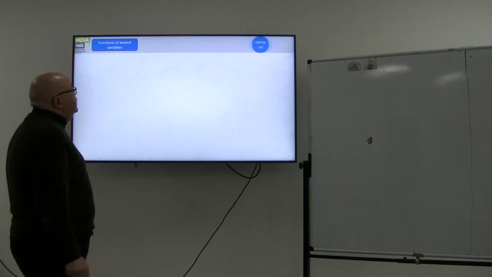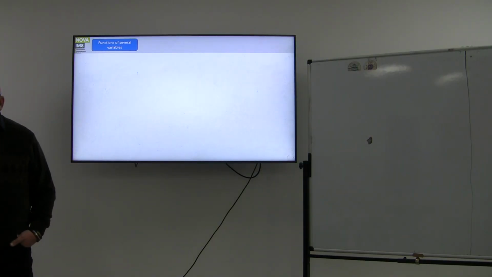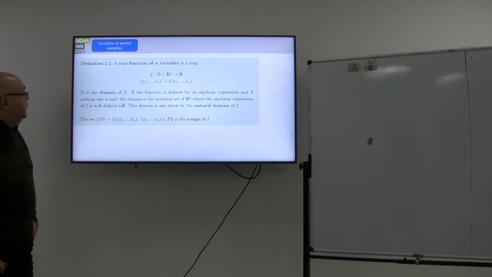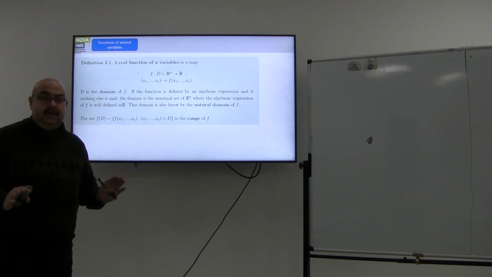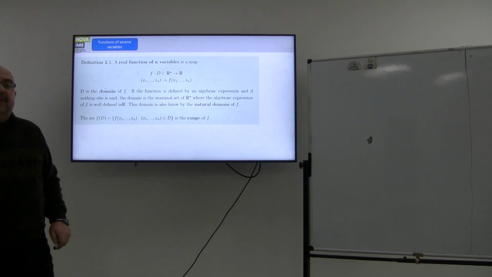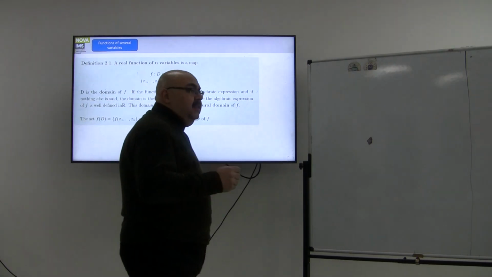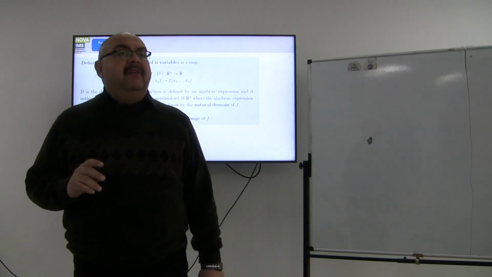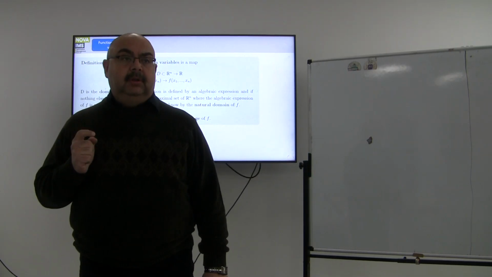Let me start with the formal definition of a function first, then I will go step by step. In general, we have three main types of functions. We have functions in one variable.